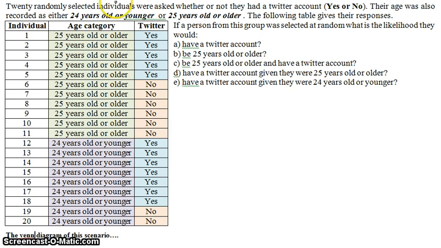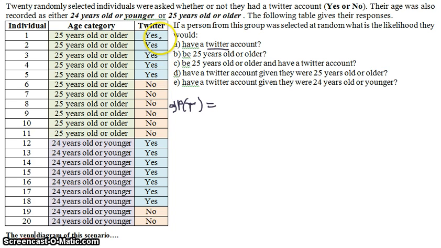So let's suppose we want to find some probabilities. If a person from this group was selected at random, what is the likelihood they would have a Twitter account? Well, how can we find this? Essentially the probability of having a Twitter account, I'm going to call Twitter T, is equal to the total number of people who have a Twitter account.